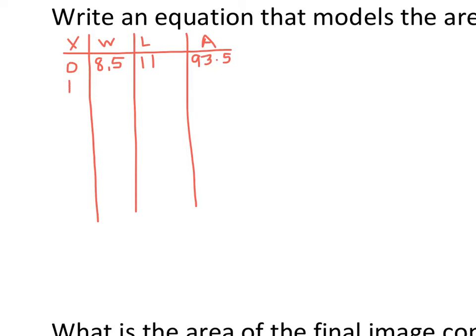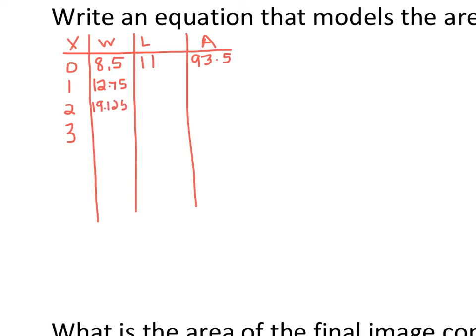Okay. She wanted to enlarge it 3 times. She enlarges each dimension by 150%, which as a decimal is 1.5. So I want you to take, let's start with the width of 8.5. 8.5 times 1.5 is 12.75. And I want you to keep multiplying by 1.5. So this is 19.125.